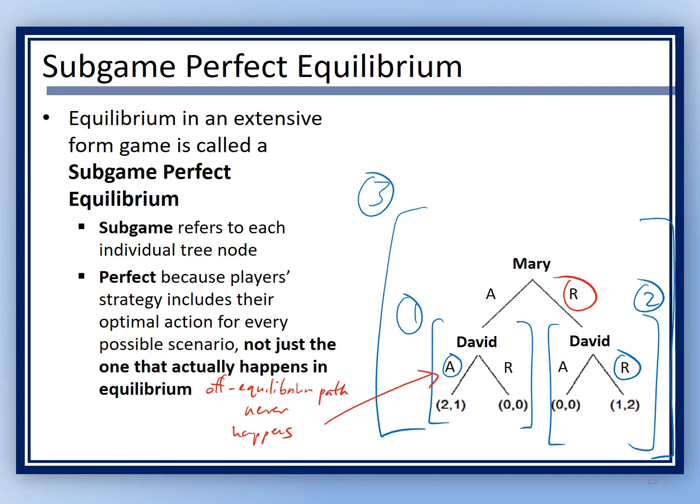So this is suboptimal, not allowed. You can't do that. You have to choose. The equilibrium concept requires people to make optimal choices for every situation.